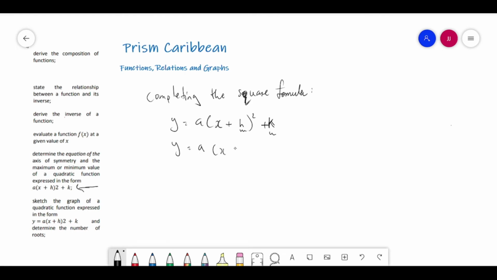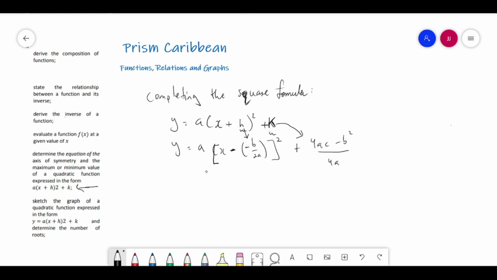So we have a into x minus b over 2a all square plus k, which is 4ac minus b square all over 4a, right? So when we expand this, we will get x plus b over 2a, but because the formula requires us to have minus b over 2a for h itself, hence why I wrote a minus out, right? And this is the formula for k.